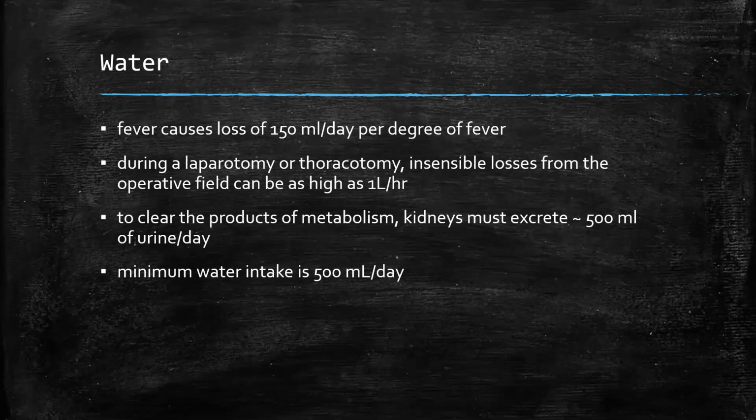We can take in a whole lot, but we need a minimum of 500 mLs a day, or else we're going to have a very difficult time excreting what we need to excrete and ultimately end up in renal dysfunction.